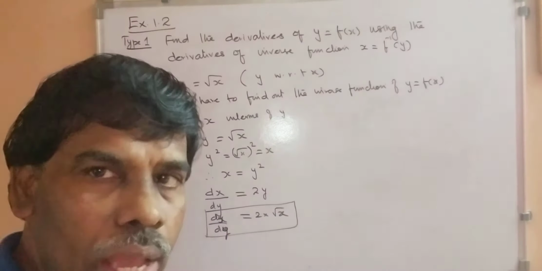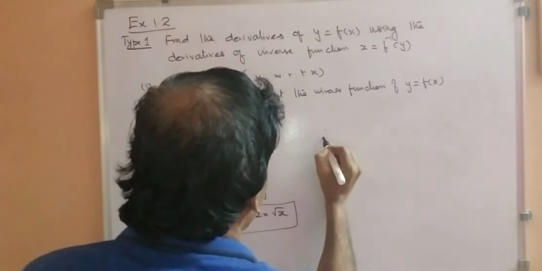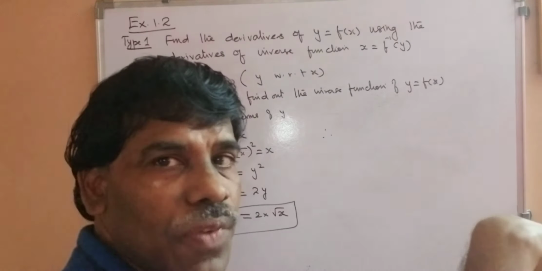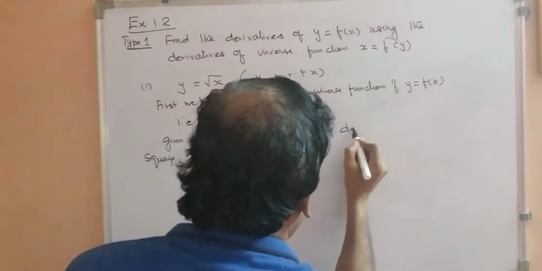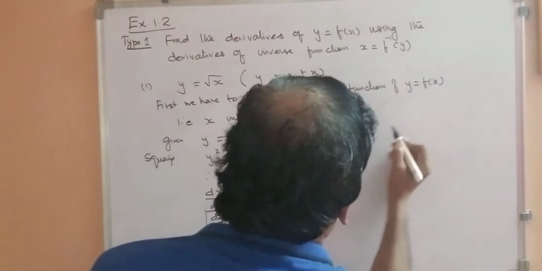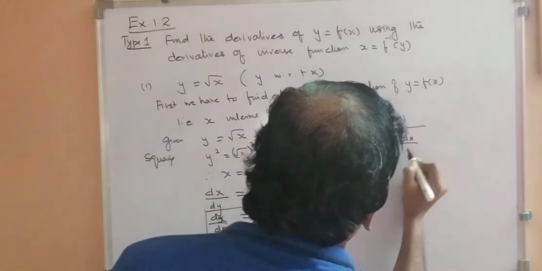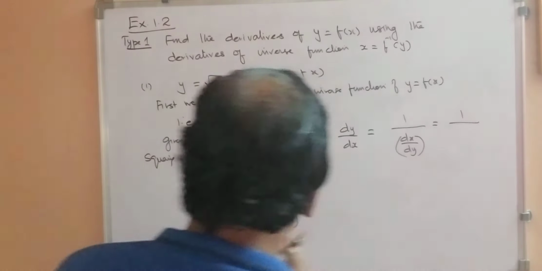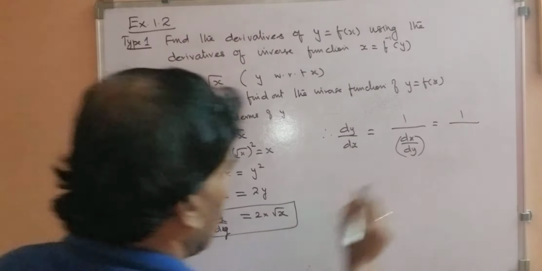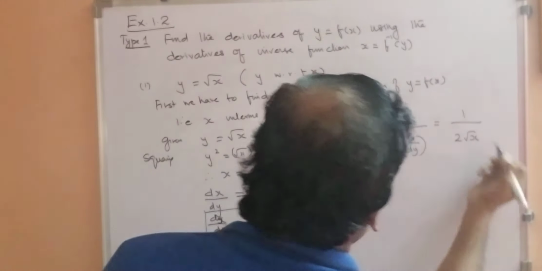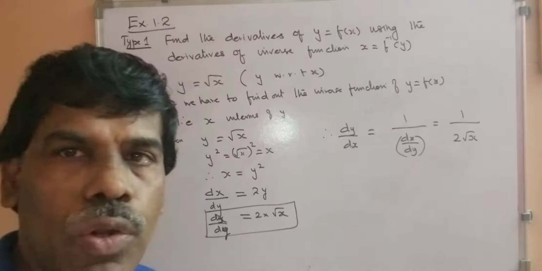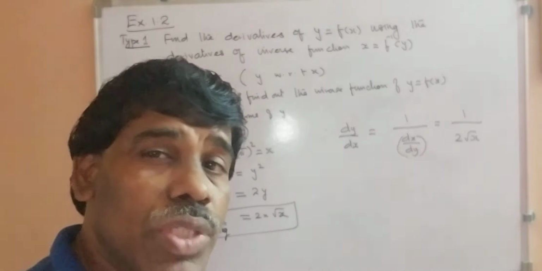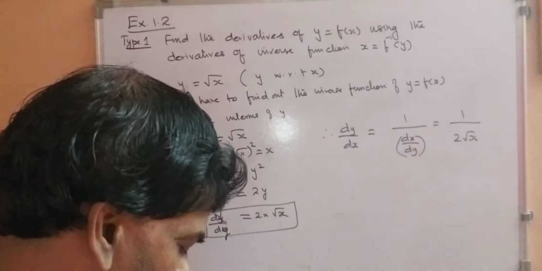But what we want, find the derivative of y using inverse function. So dy by dx equal to 1 upon dx upon dy. So it is equal to 1 upon, see, dx by dy 2 root x. This is how we have to find out the derivative of the given function by using inverse of the function.